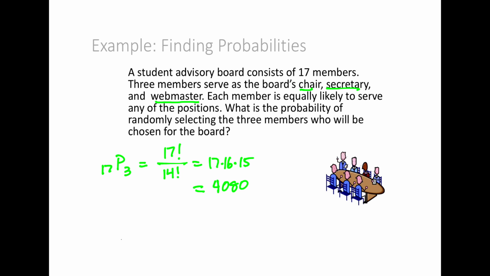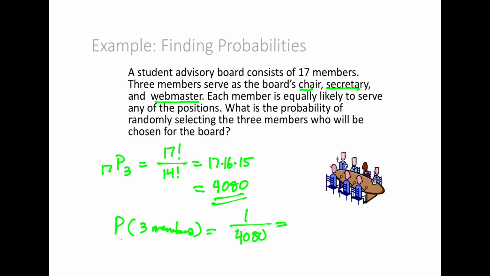So this is the count of the number of different ways, different groups of three that I could select from those 17. Now, all of these different combinations, if you're going to guess, the probability of your guessing the three members, remember, because they have positions, there's only going to be one out of those that you could possibly select out of those 4,080.